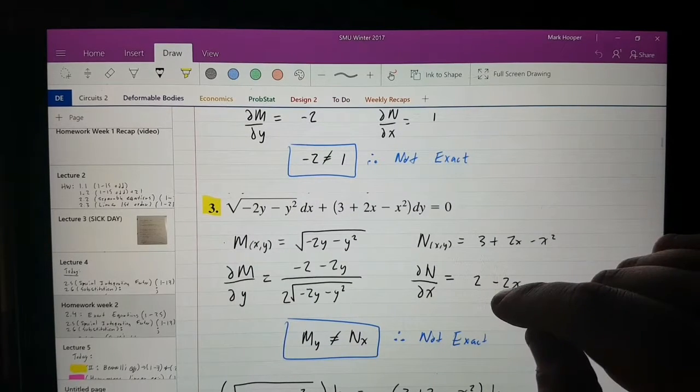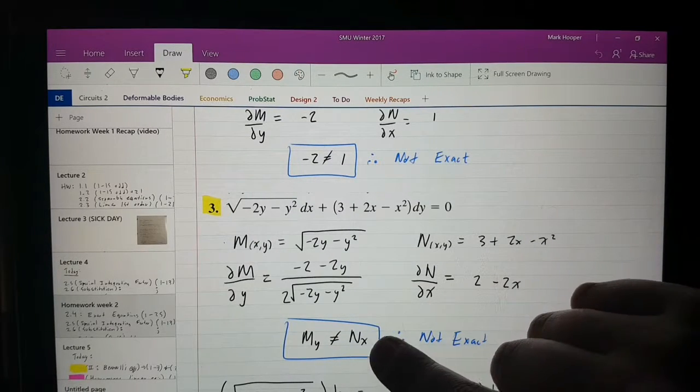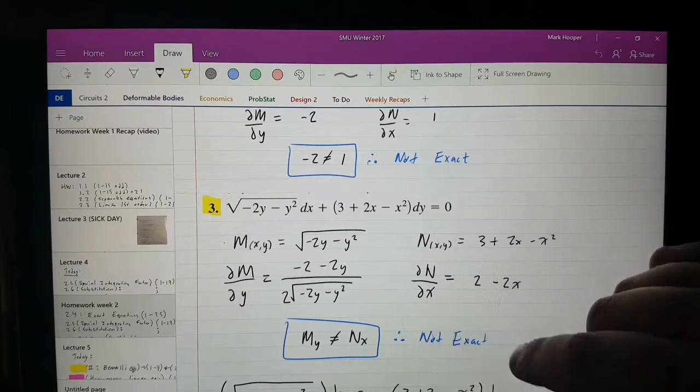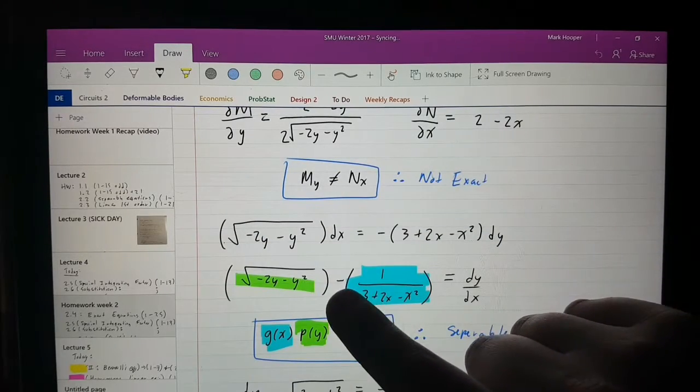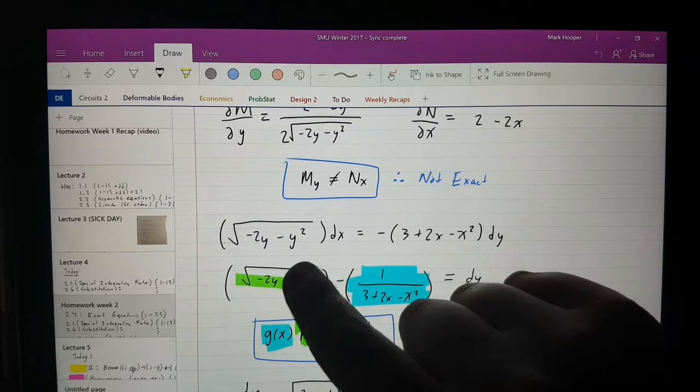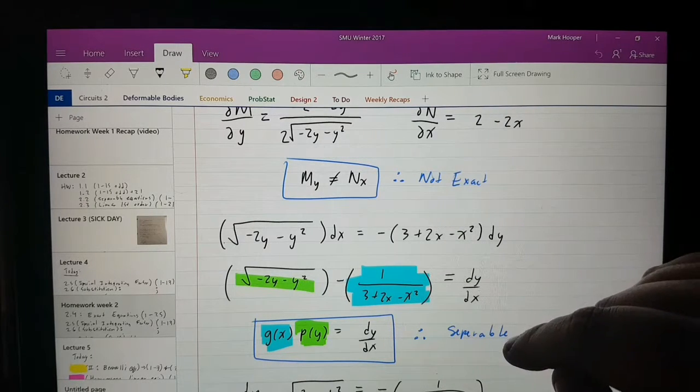Same goes for this one. I did the 2 partials. They're not exact because they don't equal each other. This one is a function of x and this is y, so this one's separable.